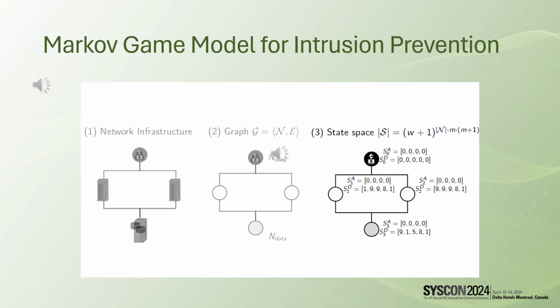This formula would be used to calculate the total number of potential states in the model, which could be quite large, given that in a network there can be various ways an intrusion can occur.